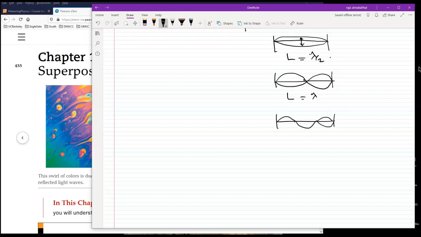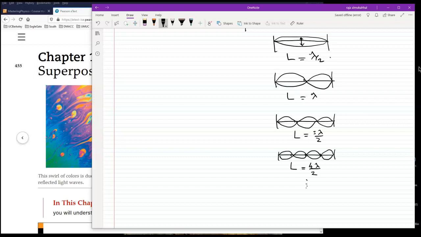That's what you've seen in the video that that guy had. So in this case, L equals 3 lambda over 2. And then one more. Imagine you get 4 of them here, like that. In this case, L equals 4 lambda over 2, and so on. That's basically 2 lambda, and so on.